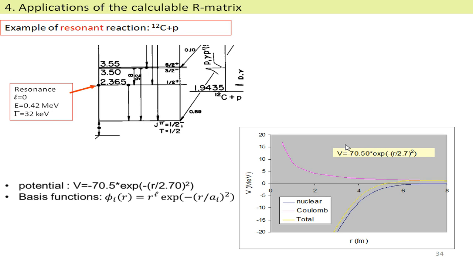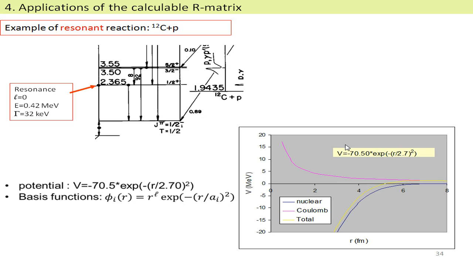The compound nucleus is nitrogen-13, the proton threshold is here, so all energies are from this threshold. And there is this resonance with 0.42 MeV energy and 32 keV as a width. And here you can also use the potential model, and this potential reproduces the energy of the resonance.